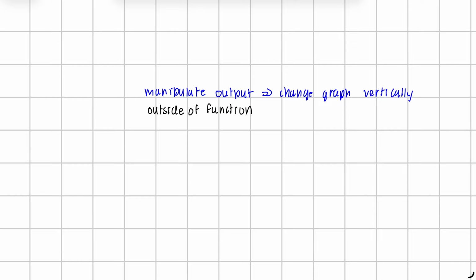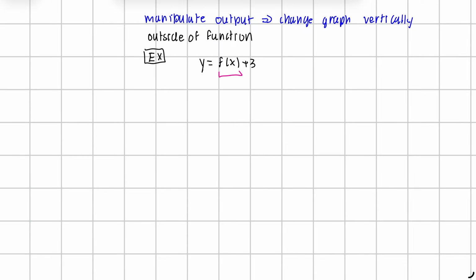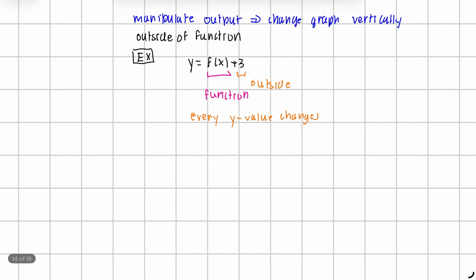What I mean by that is, in this example, we have y equals f of x plus 3. And this is your function. And we have an addition of 3 on the outside of the function. So what this means is that every y value changes and our graph is going to move vertically.